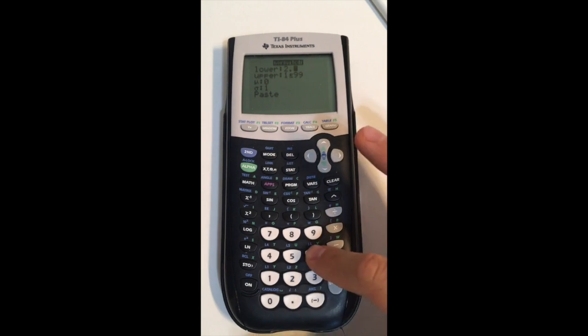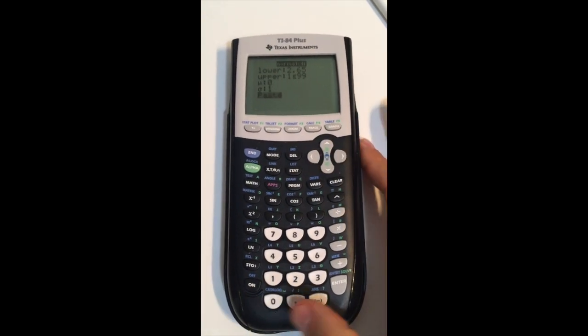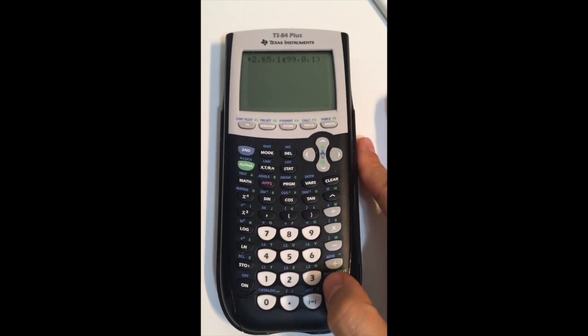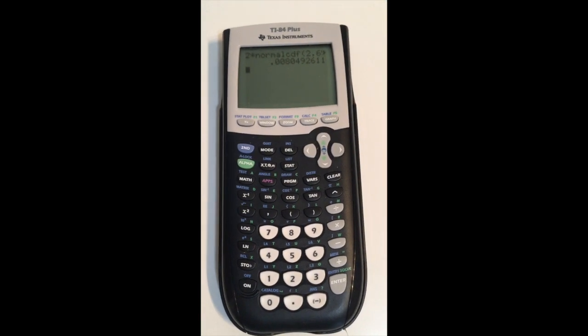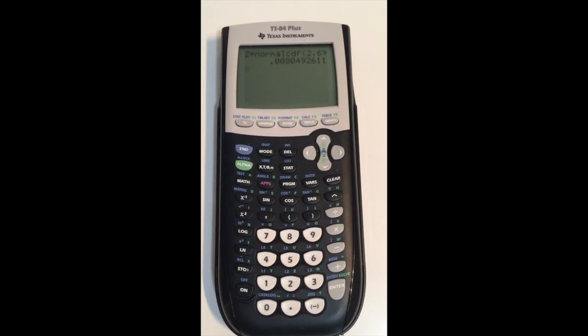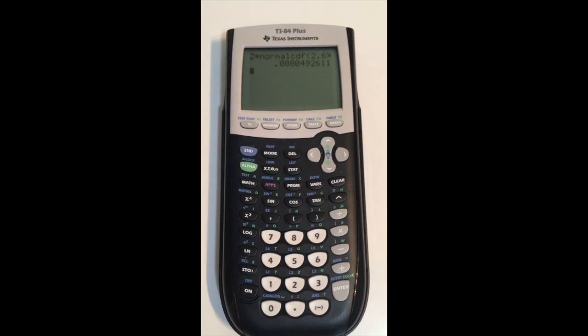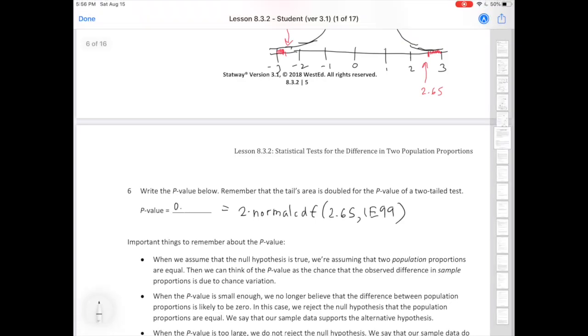I have 2.65, 1E99, and then I will hit paste, enter again. We get 0.008. So on the calculator, we got 0.008.